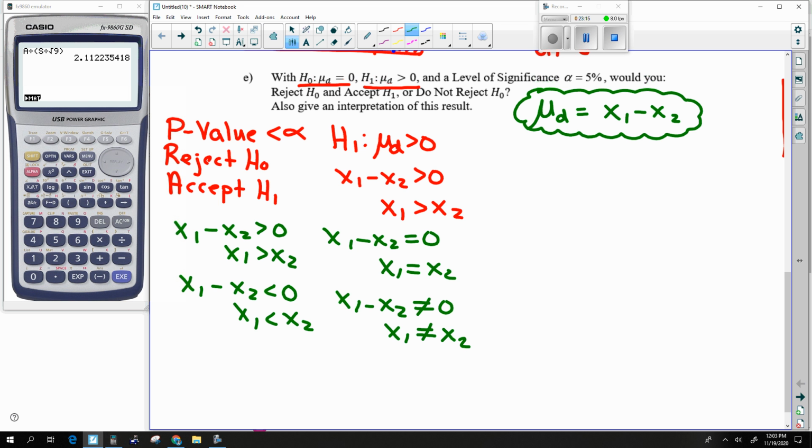So you're going to come up with a statement that looks like this, and then all you have to do is slide those things over: x1 is greater than x2, or x1 is less than x2, or something like that. The key concept to make all of this tick is that you have to know that mu of d is equal to x1 minus x2.